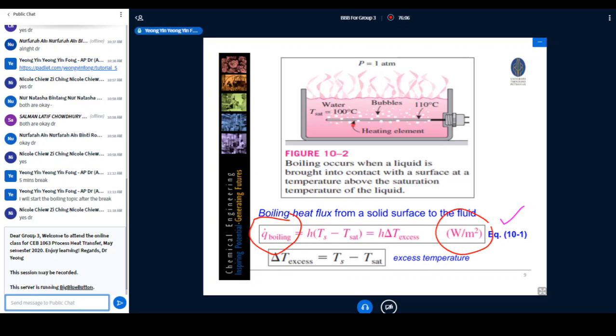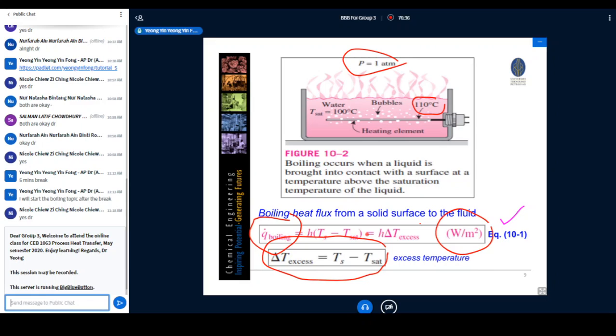Let's say you're boiling water, T saturation at atmospheric pressure, of course, is 100 degrees C, the boiling temperature of the water. So the heating element, of course, will have a higher temperature compared to the liquid. You can see the equation is h times (Ts minus Tsat), which equals h delta T excess. This will be the new term, delta T excess. Delta T excess is the difference between the surface temperature of the heating element and the saturation temperature.